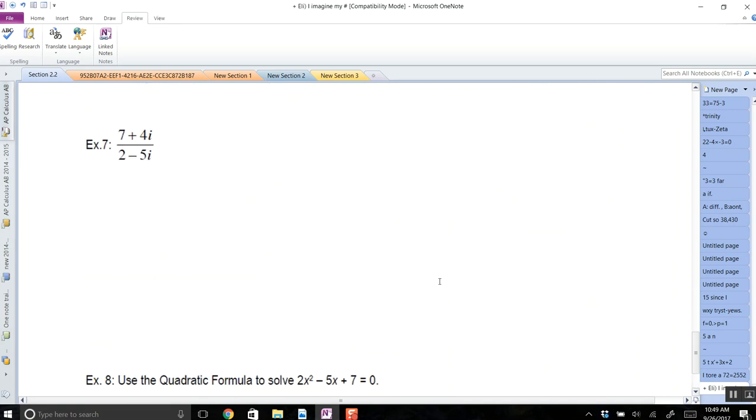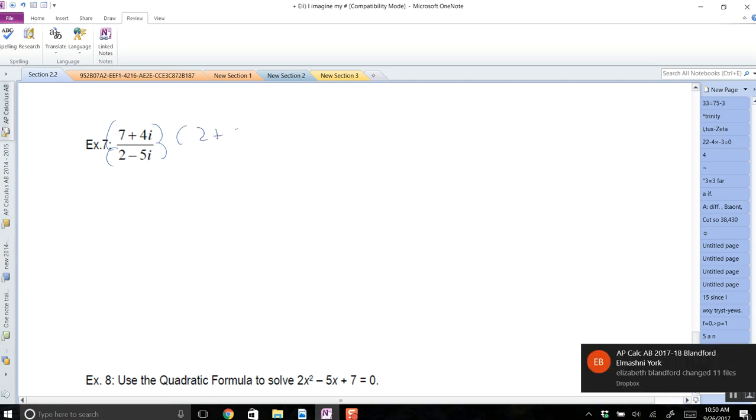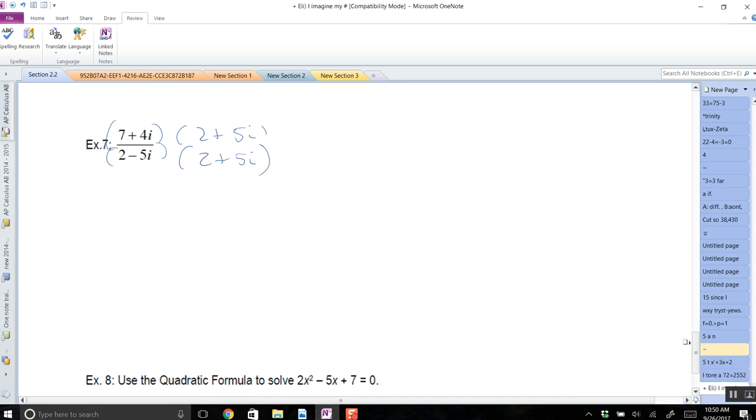We got 2 more examples to get through. If you want to pause the video and try this on your own, see if you get the same thing as I do. So let's see, 14 plus 8i plus 35i plus 20i squared, over 4 minus 25i squared.